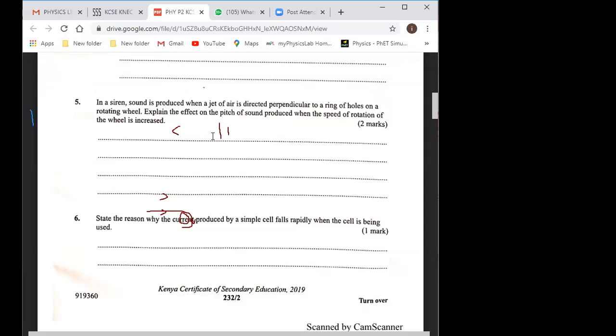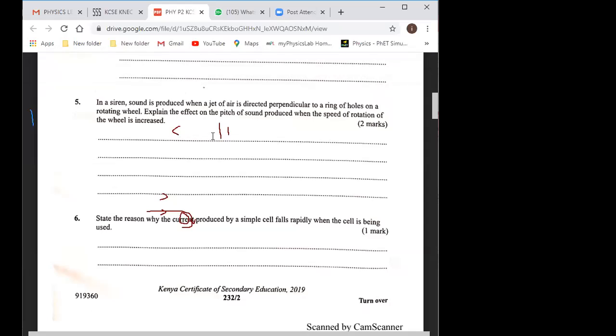I want to give you an example of the wheel of a bicycle, the one with sprockets. If you increase the speed of rotation, the pitch of the sound is going to increase.